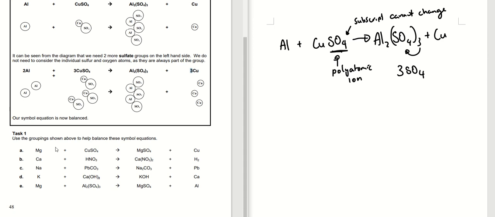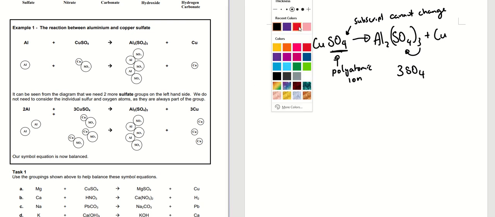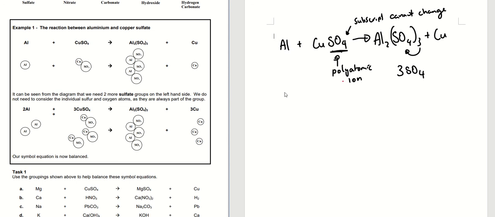Let me maybe show you with one example, or actually let's use the exact same example here to work out a way to balance it out. Okay, firstly, when it comes to balancing equations, let's just write down how many of what we have on both sides. We have 1 aluminium, 1 copper, and 1 sulfate.